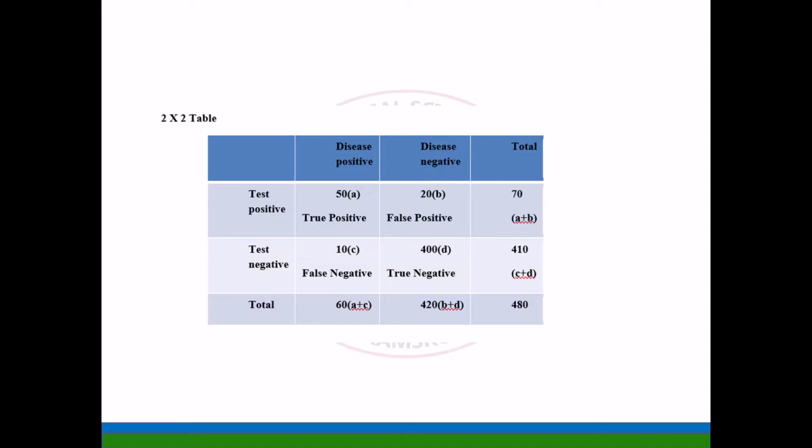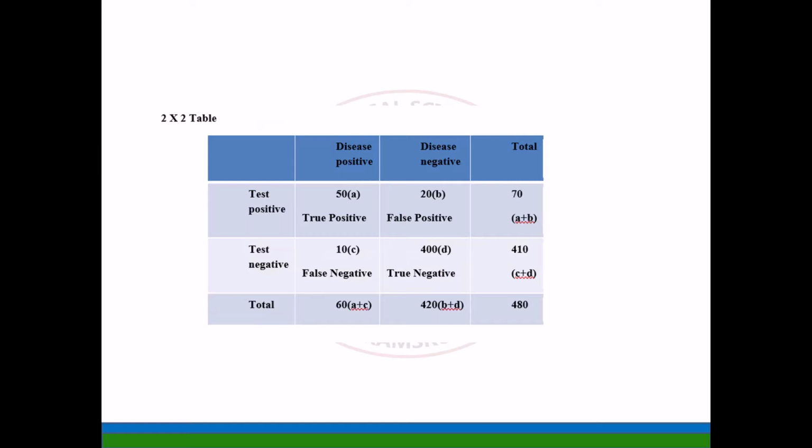We have disease positive, disease negative, and the total in the horizontal, and in the vertical we have test positive, test negative, and then the total. In this case, test positive is 50, that is A, and false positive is 20, B. Total is 70, A plus B. Test negative is 10, we call it C, and it is false negative.